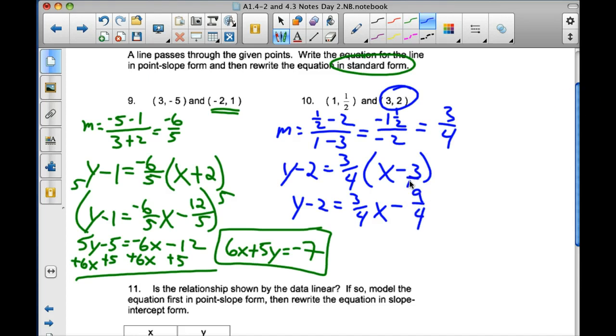Leave it 9/4, guys. Just multiply straight across. You've got to put a little 1 underneath it if you need to. And what are we going to multiply everything by to clear a fraction? 4. 4y minus 8 equals 3x minus 9.